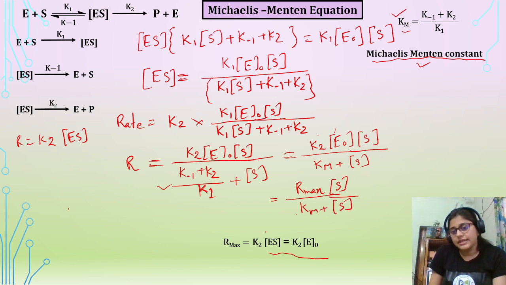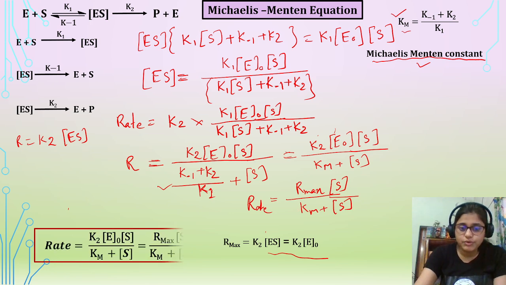These two, R max and Km value, are very important for an enzyme catalysis reaction, and we have converted, we now have the rate equation, and in the expression R max and Km values are there. So these two expressions you should remember. Okay.